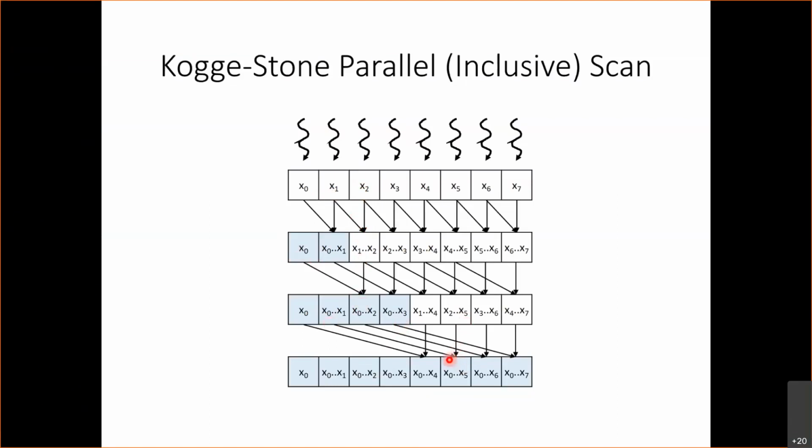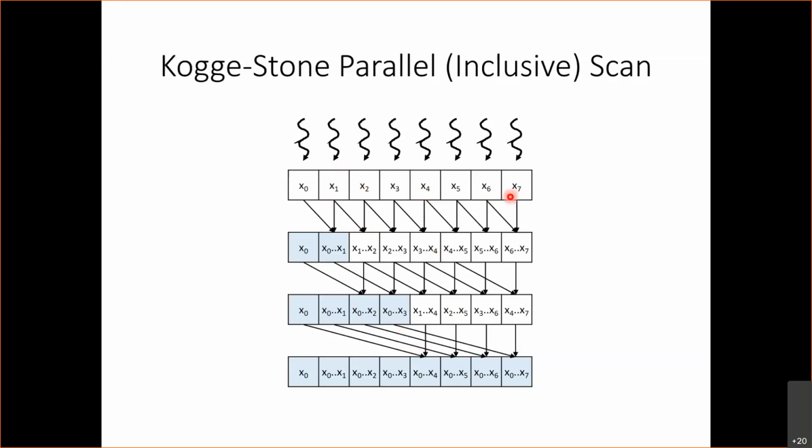But you'll notice that not all the threads compute on every iteration. Here, when the stride is 1, only threads 1 to 7 compute. When the stride is 2, only threads 2 to 7 compute. When the stride is 4, only threads 4 to 7 compute. So in general, for any value of stride, the threads that compute are the threads whose index is greater than or equal to the stride.